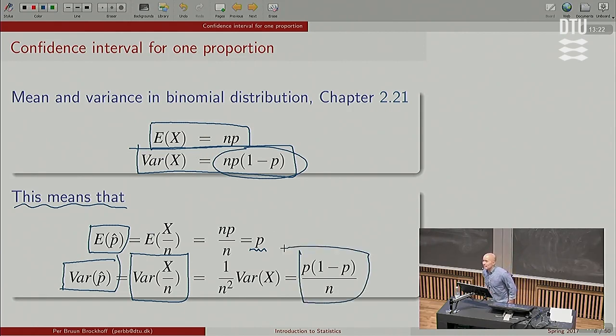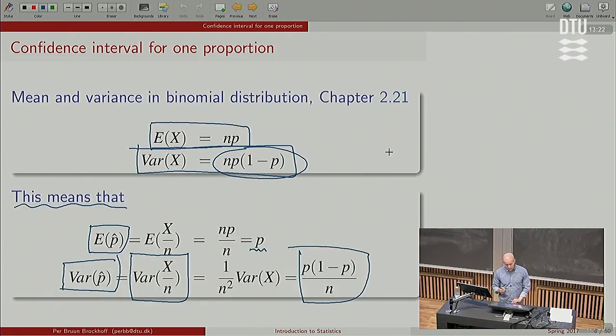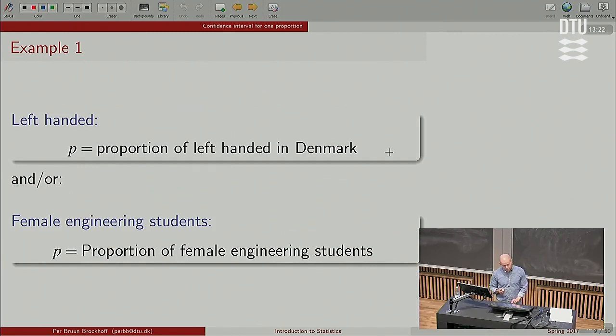And this is exactly the number which is used in the formula here with the square root: p times 1 minus p divided by n. That's the standard deviation for the proportion. So it's binomial theory that gives the formula, combined with the normal distribution, but it's the binomial standard deviation which is used in the formula. That's the explanation, a bit of background.